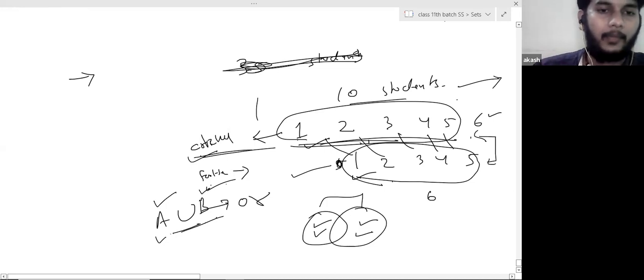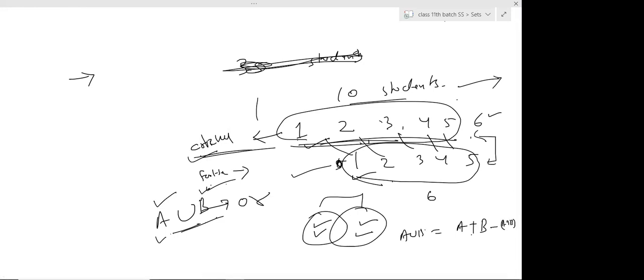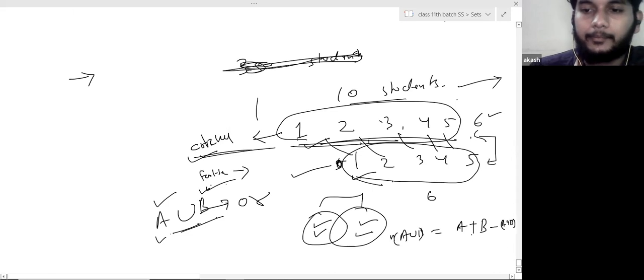And you have to use the formula, because our basic sense says A union B must be A plus B. But as we can see, there are common elements also. So we have to subtract the common elements, which is the formula. So you can use the formula and find the answer.